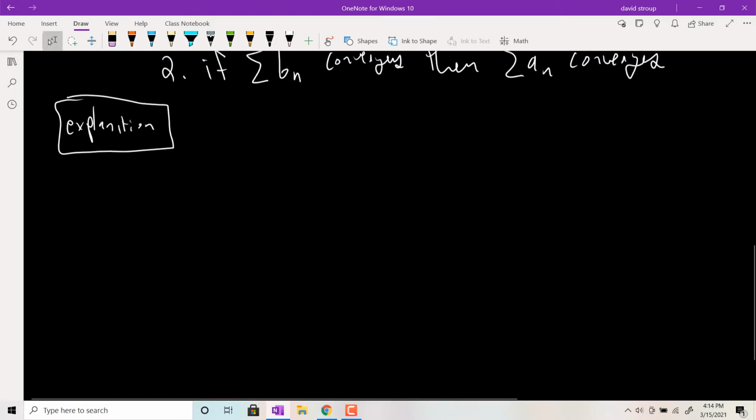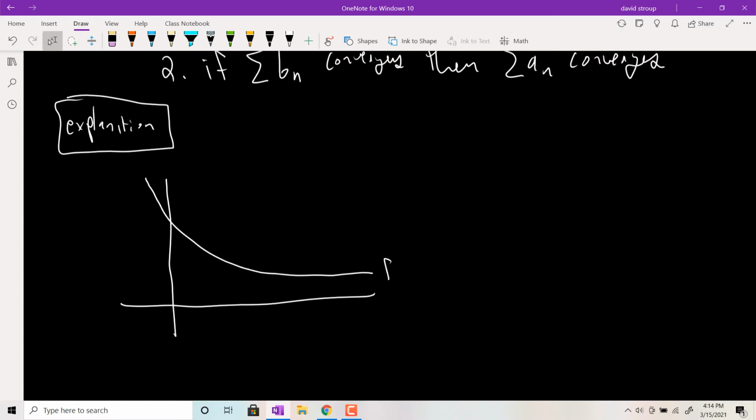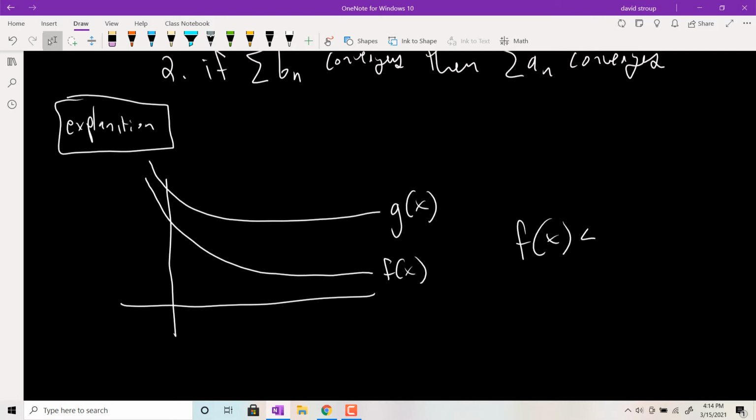Okay, so let's say we have a function f of x, and then some other function g of x, which is ordered in this way. So in this case, f of x is less than or equal to g of x, and of course f of x is greater than 0.